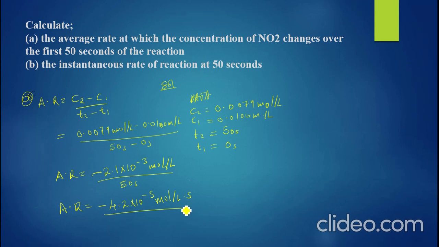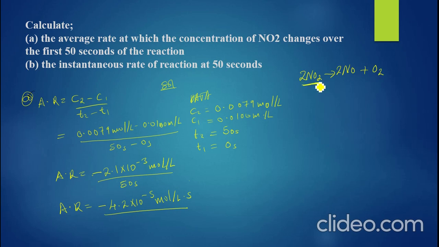What you need to do here is, you know that the reaction for this equation is nitrogen dioxide, which is decreasing with time to form nitric oxide plus oxygen gas. Then you can also balance it like this.